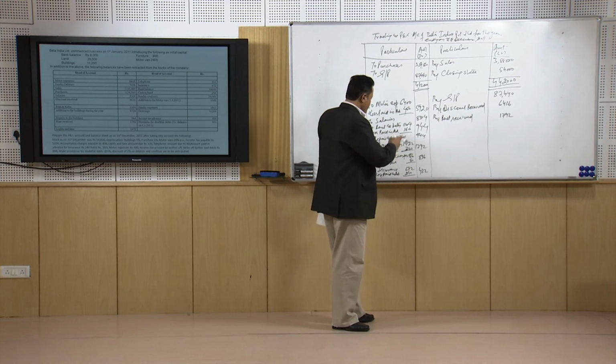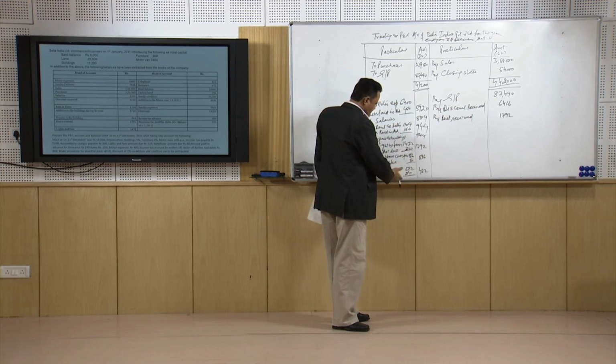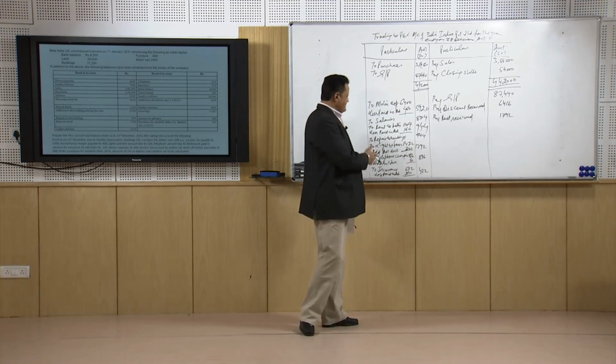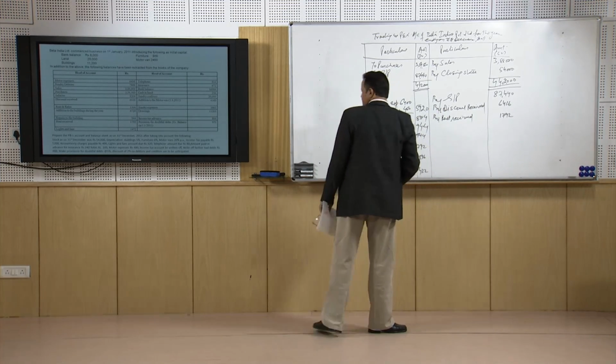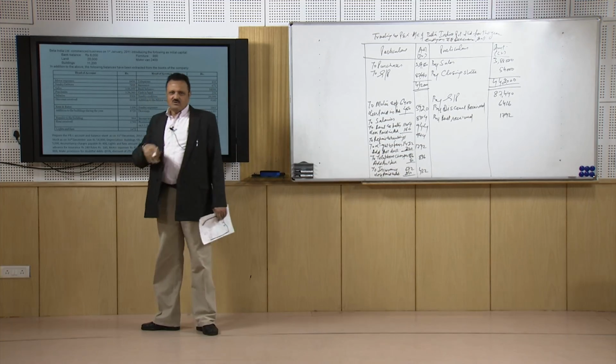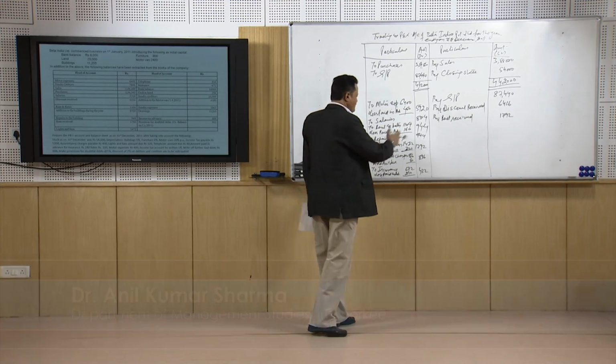So, what we have to do now, we have exhausted this total space available, and we will have to add some more expenses, say for example sundry expenses or some other expenses, and other incomes also, and some additional information may also be required to be adjusted. So, that is also going to be taken into account and to be put here.